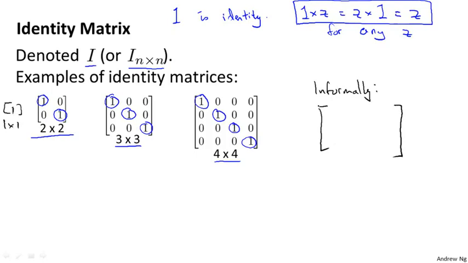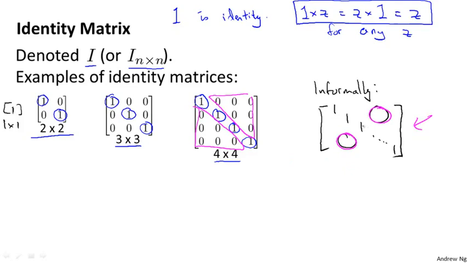Draw square brackets, write 1, 1, 1, dot, dot, dot, 1, and then somewhat sloppily write a bunch of zeros there. This big 0 and this big 0 are meant to denote that this matrix is 0 everywhere except for the diagonal.